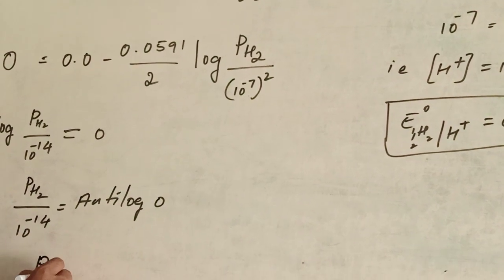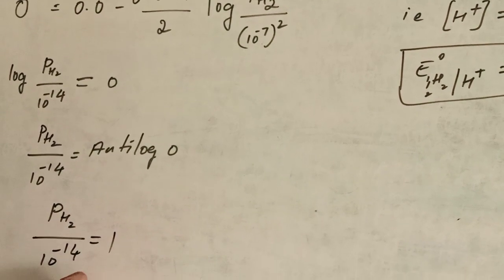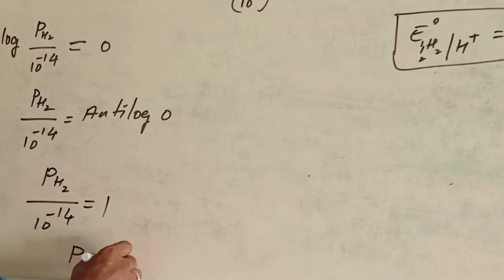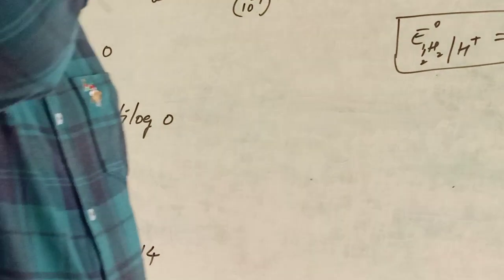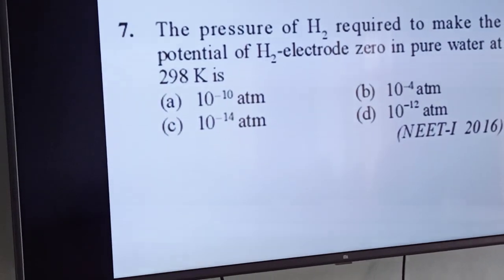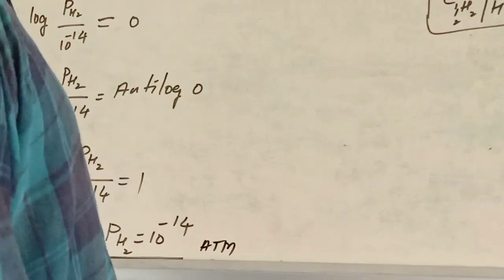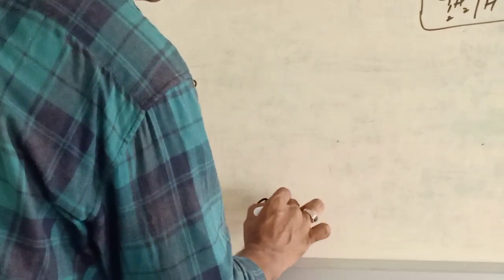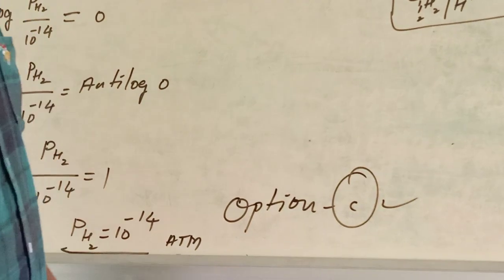So P of H2 by 10 power minus 14 is equal to 1, so P of H2 is equal to 10 power minus 14. The partial pressure is in atm. So option C is the correct answer.